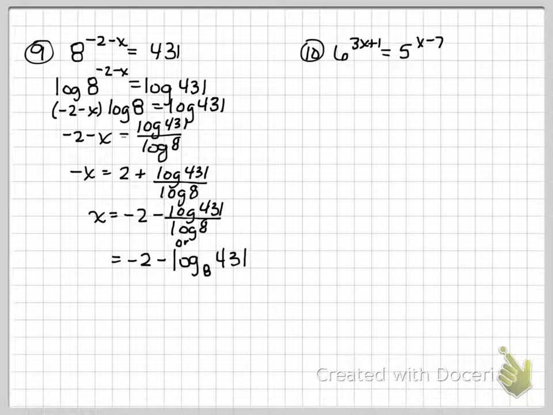Okay, so this one's a little more complicated. We have two bases that we cannot get to be the same, and we have x's on both sides. So it's going to require us to log both sides. It's going to require us to do some manipulation of moving things around, and we're going to have to factor. Okay? So let's do that.